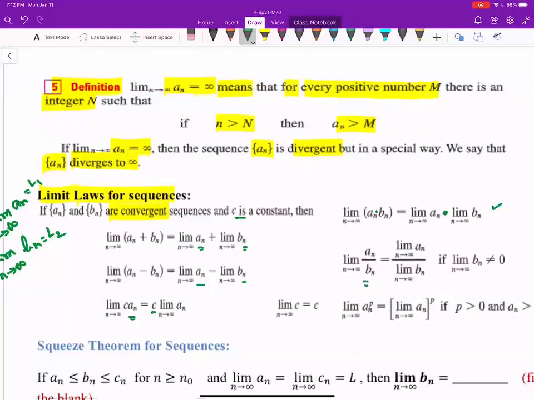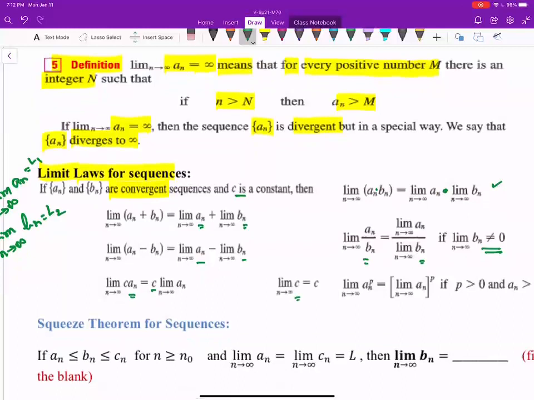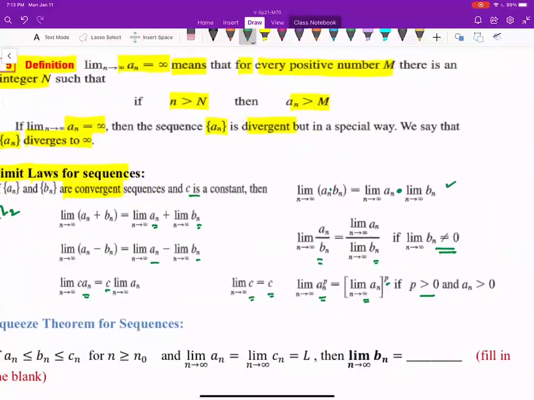In the same way, the limit of the quotient is the quotient of the limits, provided the denominator limit is not equal to 0. Then the limit of a constant is always that constant because it has nothing to do with n. Then for the limit of an to the power p, you can take the limit inside of an and then take the exponent p. This idea is also very helpful in some problems, if p is more than 0 and an is more than 0 as well.